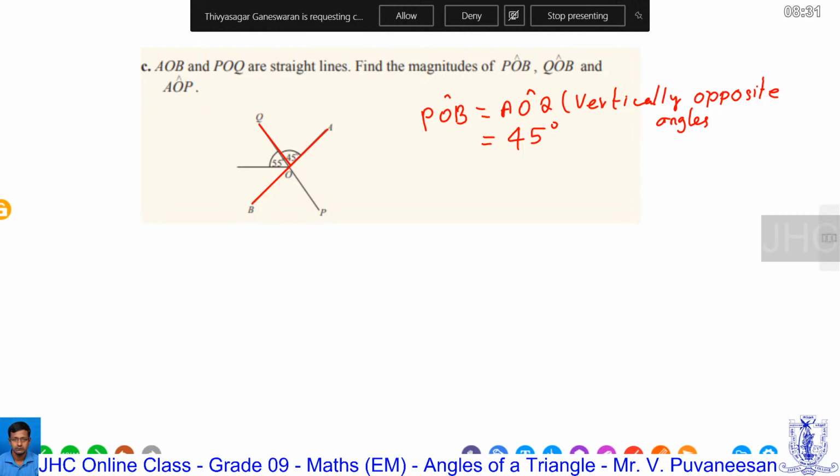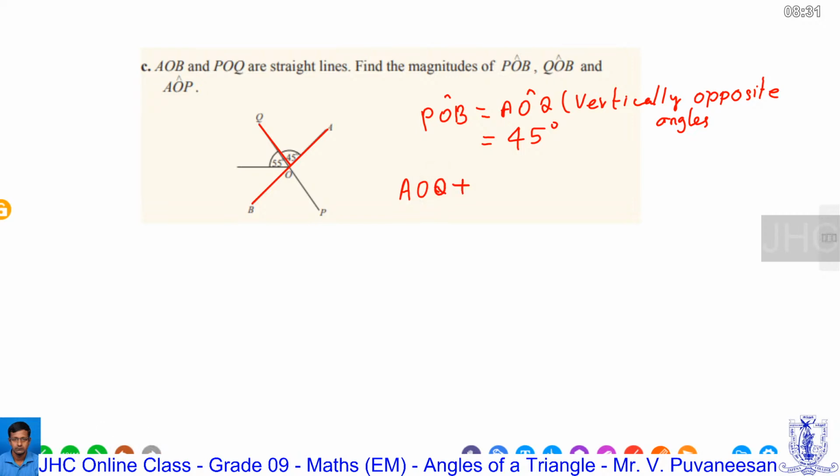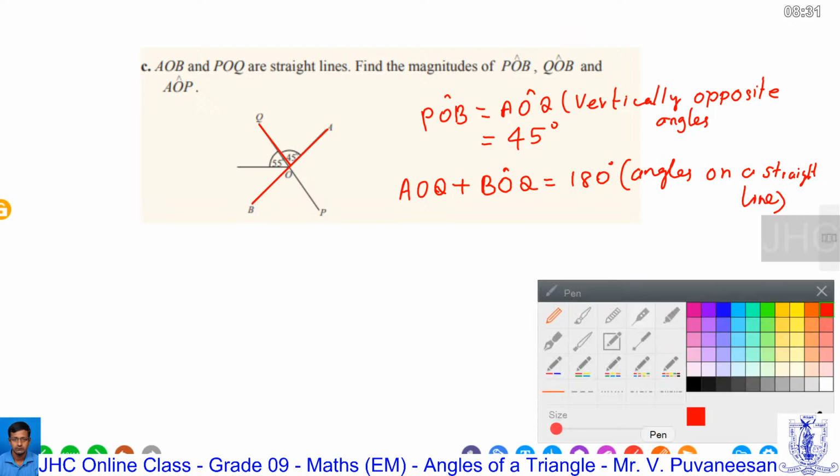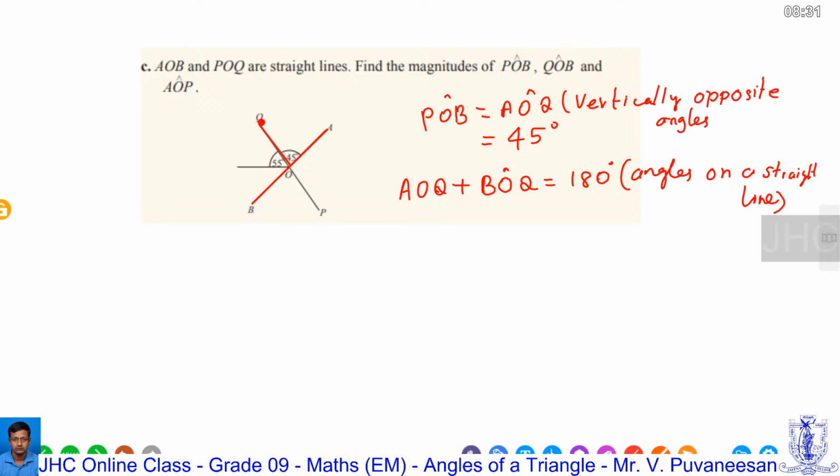So we can write AOQ plus QOB equal 180 degree.